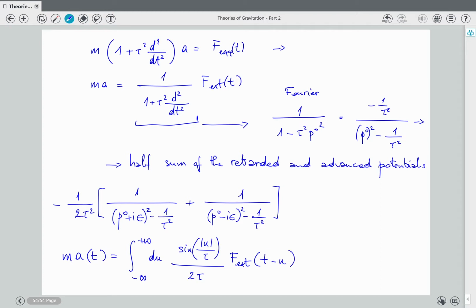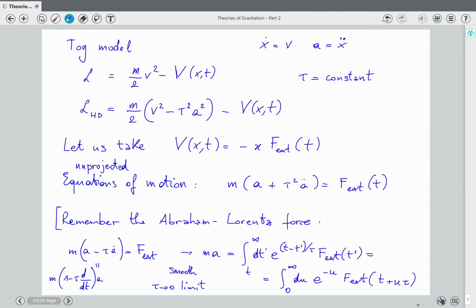I have a sign here, because remember that in the Abraham-Lorentz force, you have a sort of friction. This is not a friction, so you don't have really runaway solutions here, because I chose the sign to be compatible with what we have in higher derivative theories.